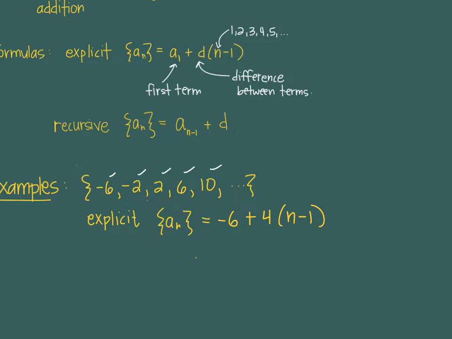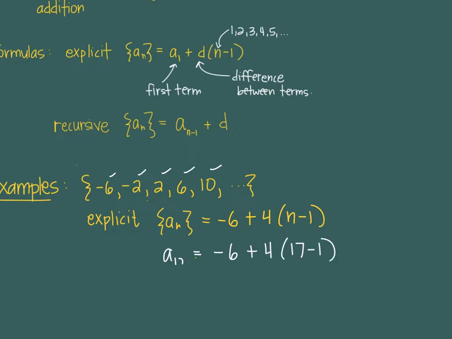And so the advantage of an explicit formula is that you can jump way ahead down the list. Say I needed to know what the 17th term in the list was. Okay, so if I wanted to find the 17th term, well then I have -6 plus 4, I put the number 17 in, and then I can evaluate that.